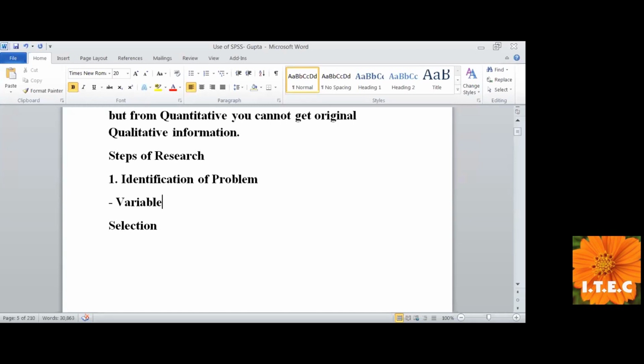Now, in one particular research, minimum how many variable or variables should be there? So minimum number of variable or variables in a research. No. Vinay, no. Krishna, no. Rajveer, no. Bahadur Singh, your answer is correct.